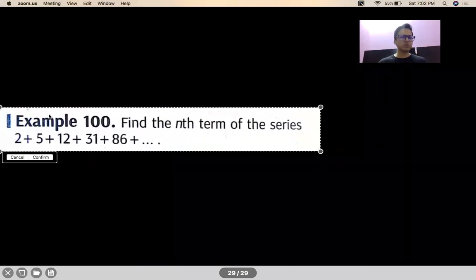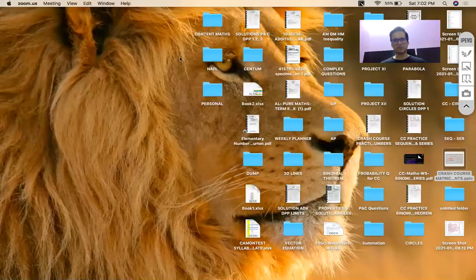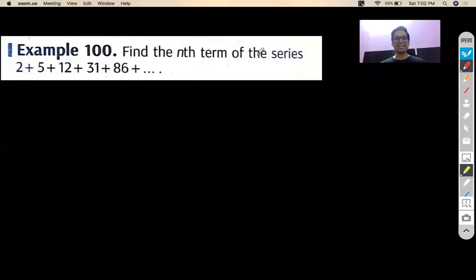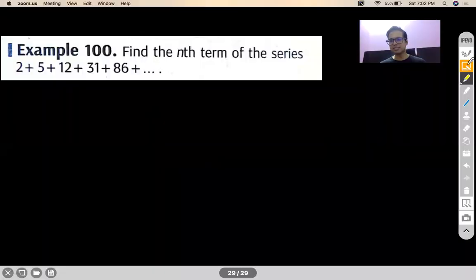I would just like you to give me the nth term. No need to sum it up. Find the nth term of this sequence. No need to sum it up because summing is already easy. You already know it.